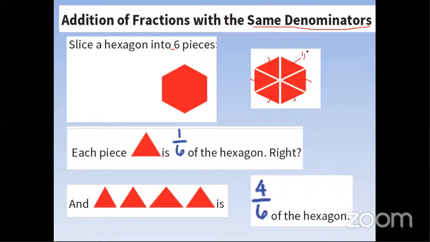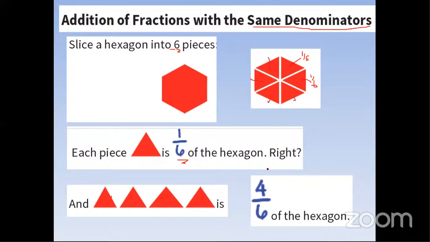The total number of pieces is 6. So each of them is 1 out of 6. So if you say that each piece is 1 out of 6, meaning if you have 4 pieces, 1, 2, 3, 4, you'll have 4 out of 6.